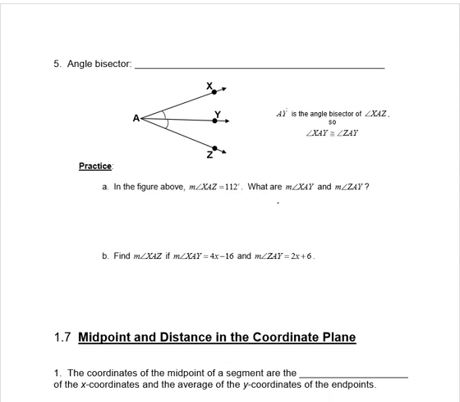Now, an angle bisector is going to be a ray that divides an angle into two equal, or two congruent, angles.